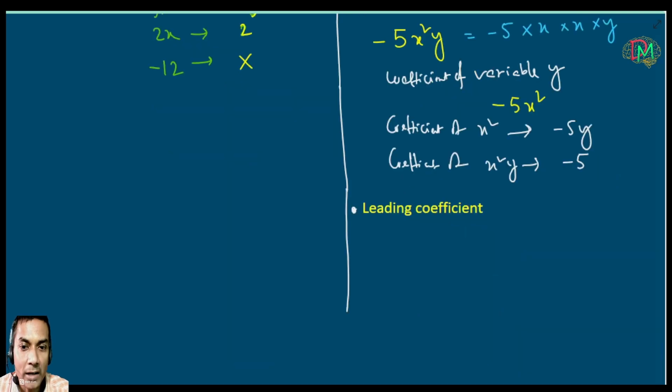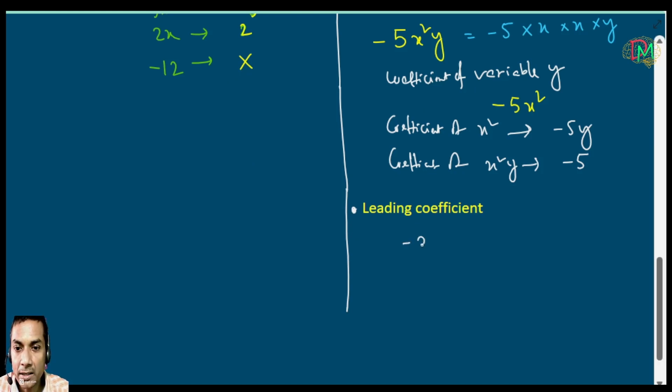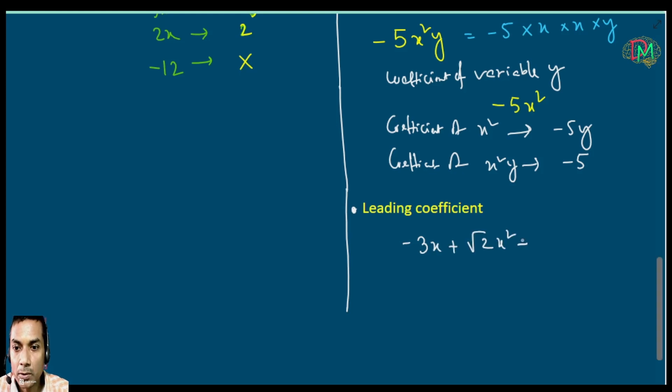Now what is the leading coefficient? To find the leading coefficient of any polynomial, for example, one polynomial is given: 3x plus root 2 x square plus 1. Clear? What you have to do?